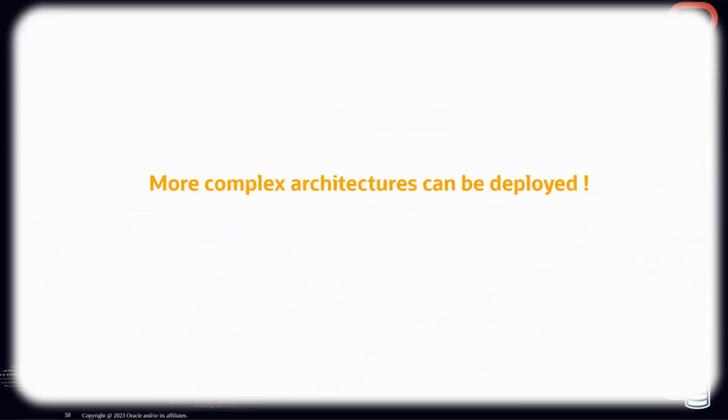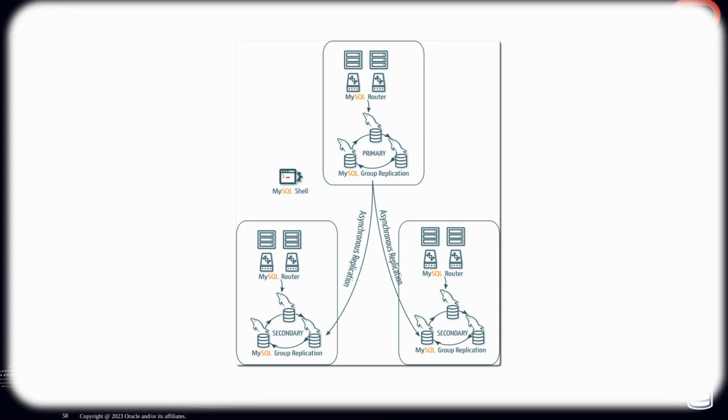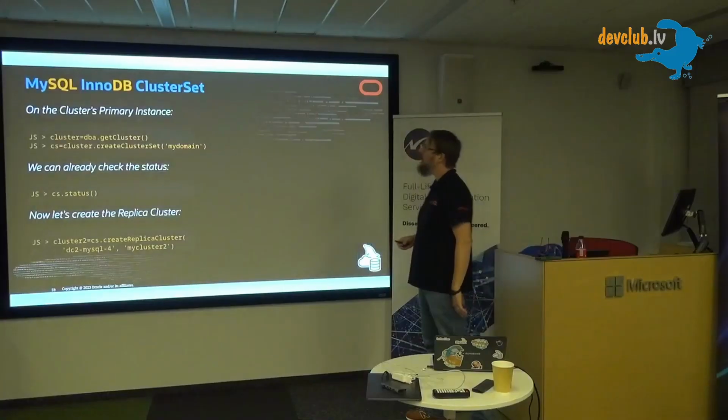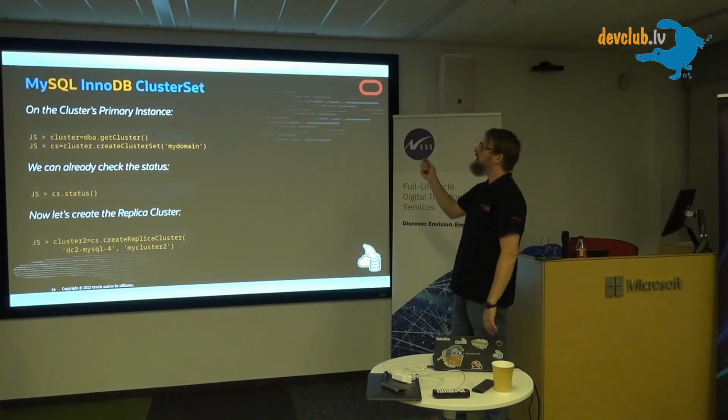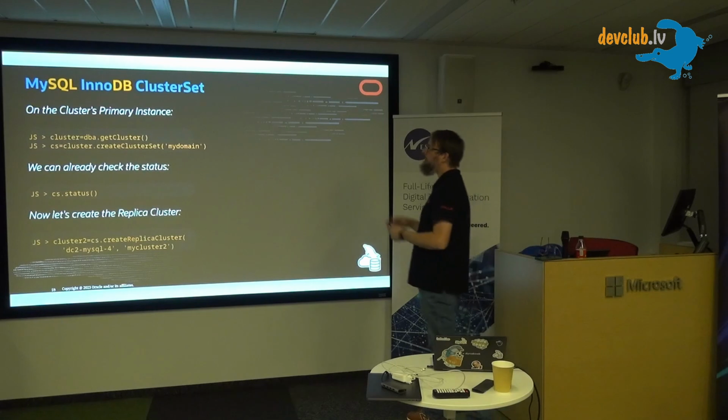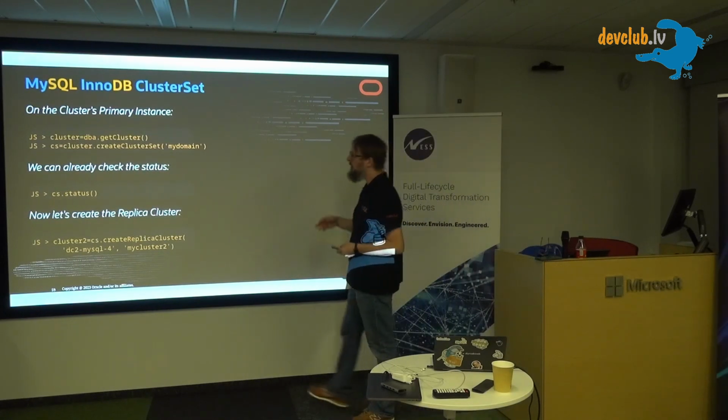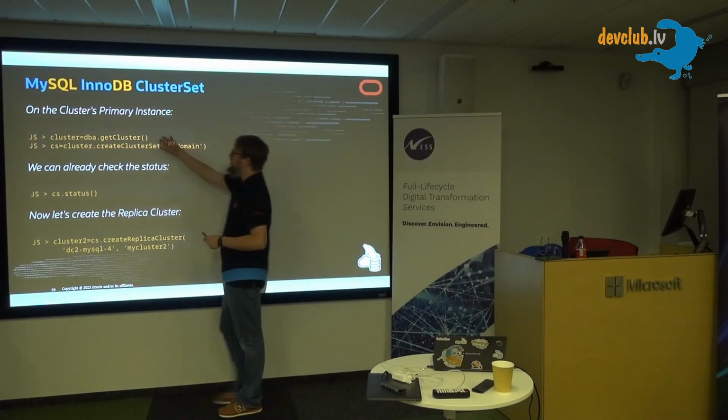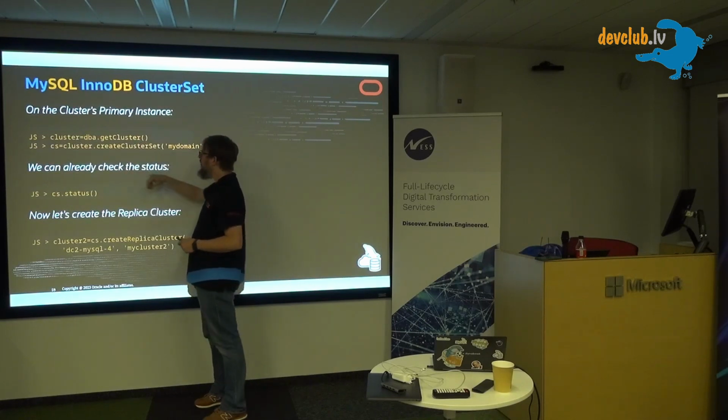Of course, you can build multiple, more complex architectures. You can do whatever you want and expand that, and I will show you how you can expand it even more. So how are we going to create that? On the primary cluster, we get the cluster object back.